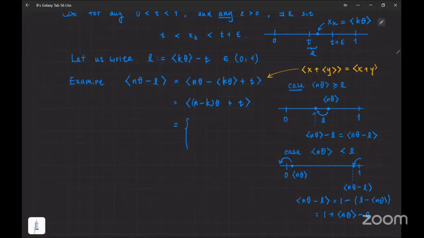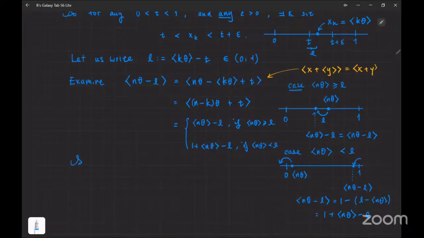So the first case we get n theta minus L. This is if n theta is greater or equal to L. The second case is 1 plus n theta minus L. This is if n theta is less than L.